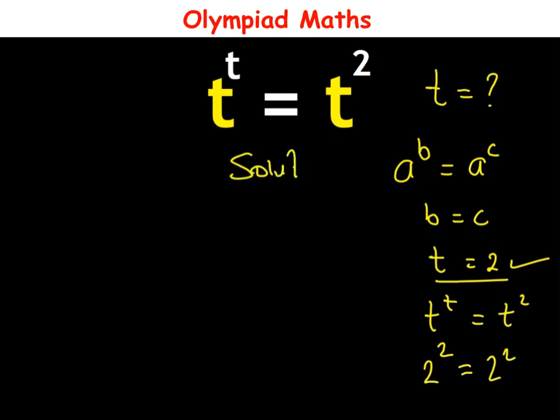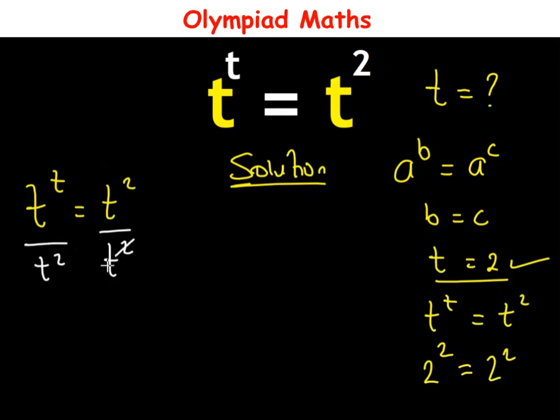Solution. The question is t raised to power t equals t raised to power 2. So the first thing we're going to do is to divide both sides by t raised to power 2. So this cancels this. What we have is t raised to power t over t raised to power 2 is equal to 1.